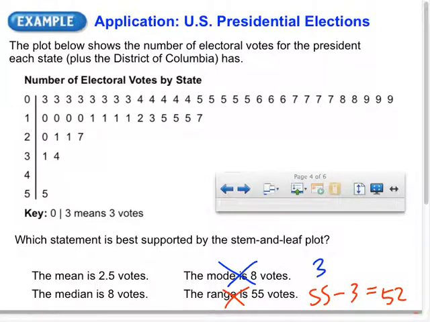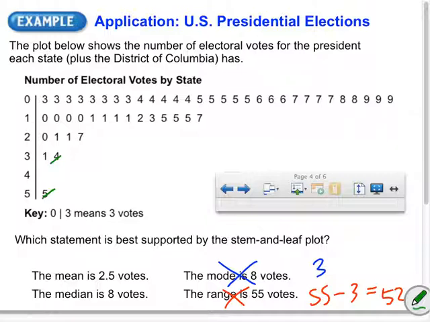Okay, so let's check out the median. Now, for the median, we already know that there are how many data points? 51. So let's go ahead and figure out the median. If there's 51, that means on each side of the median, I've got how many? 25, right?